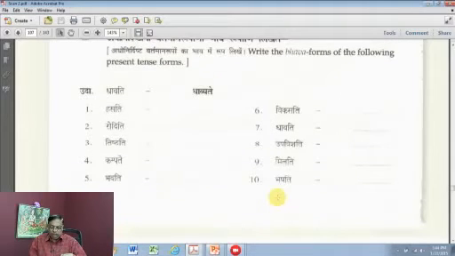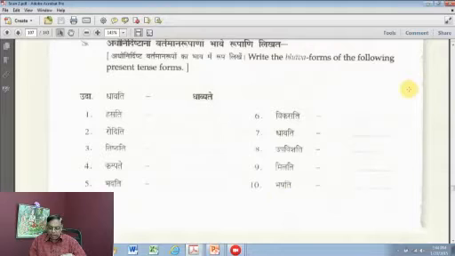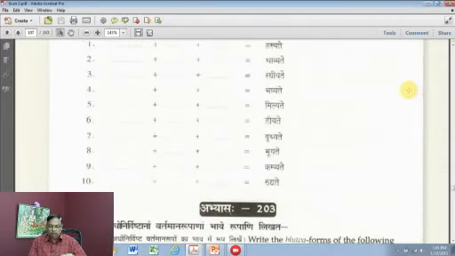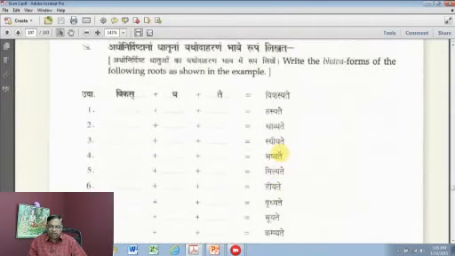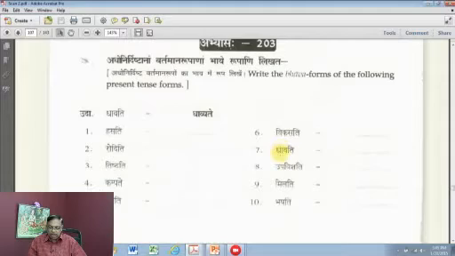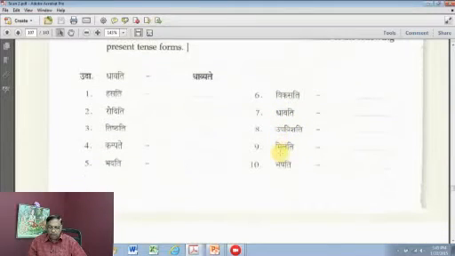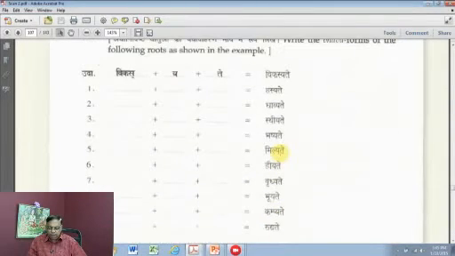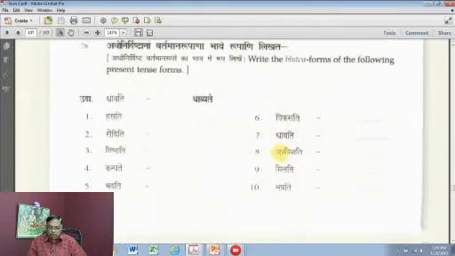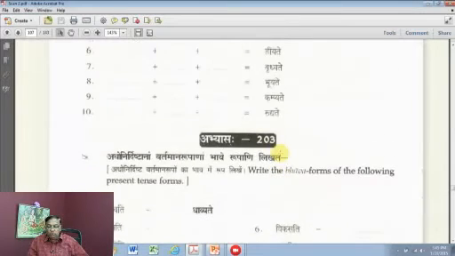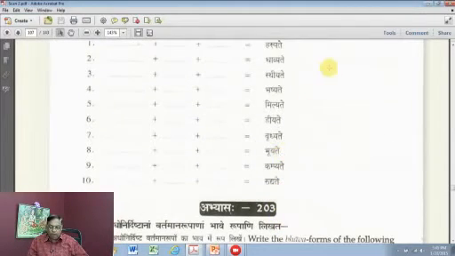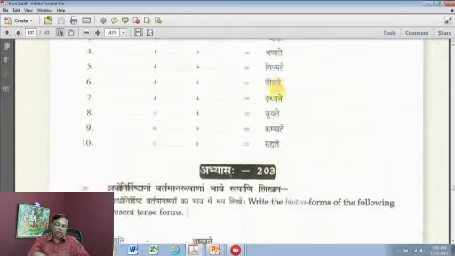Bhavati is also there, bhuyate, number 8. Vikasati is the first one which is given. Upavishyati we just did. Mila is also there in the 5th sentence, milyate. And then bhashati is also there, 4th sentence, bhashyate. So these are very simple.